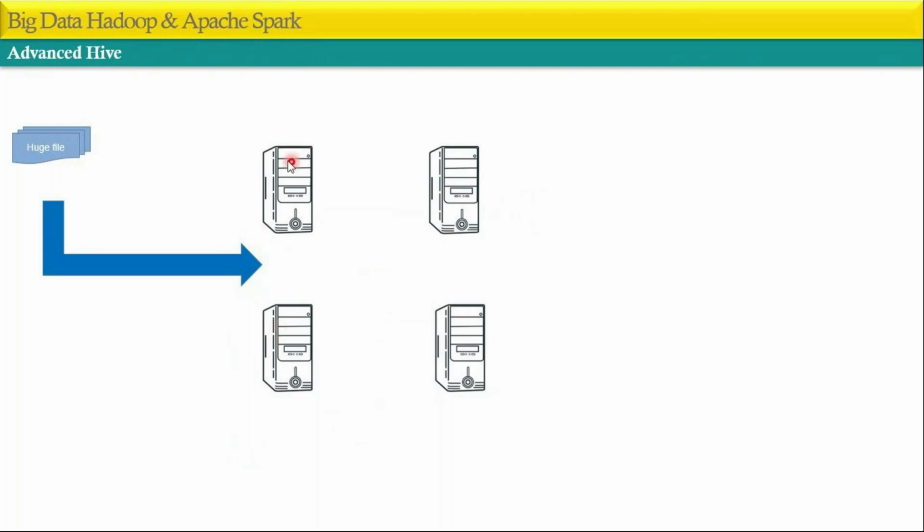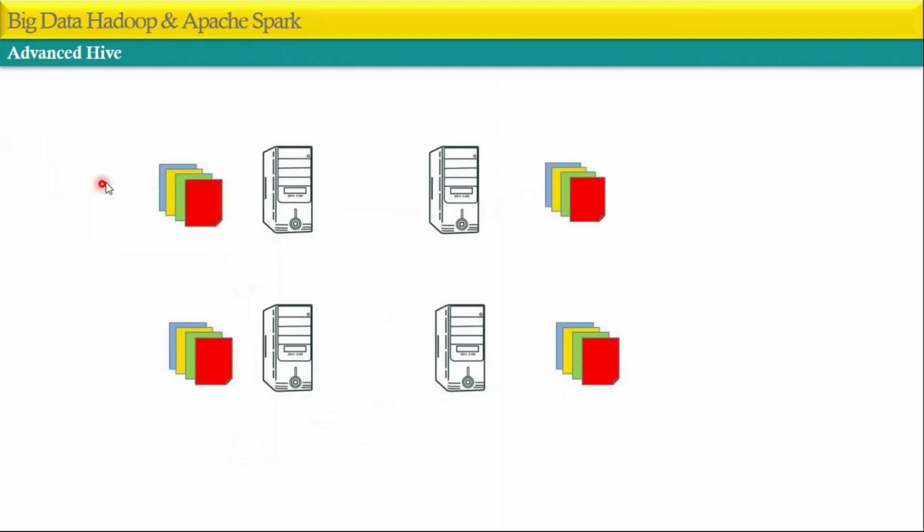We know that inside the Hadoop environment, or inside the big data world, the data is distributed among different machines. So this is the file, and this is the cluster that we are having, and we are trying to dump the data into this particular cluster.